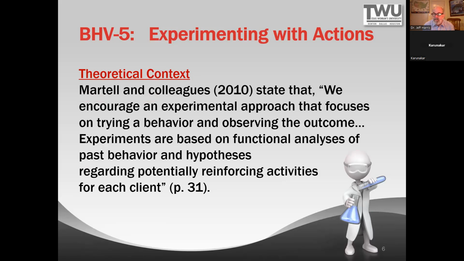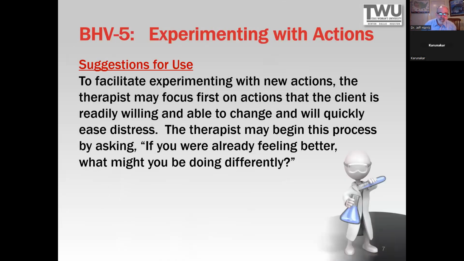Experiments are based on functional analyses of past behavior and hypotheses regarding potentially reinforcing activities for each client. So when you're identifying new actions, you're going to hypothesize which of them are going to result in a better mood or less anxiety or movement toward your goals.